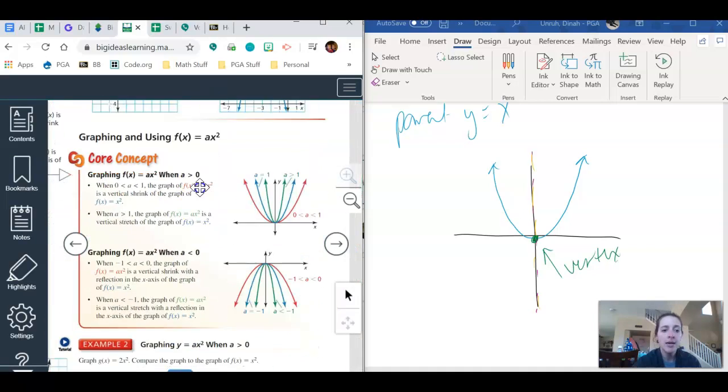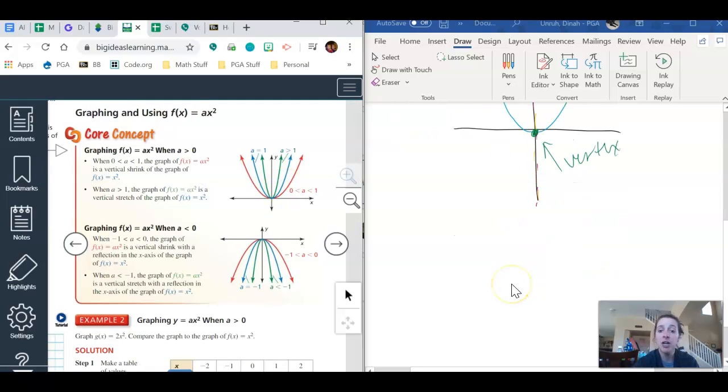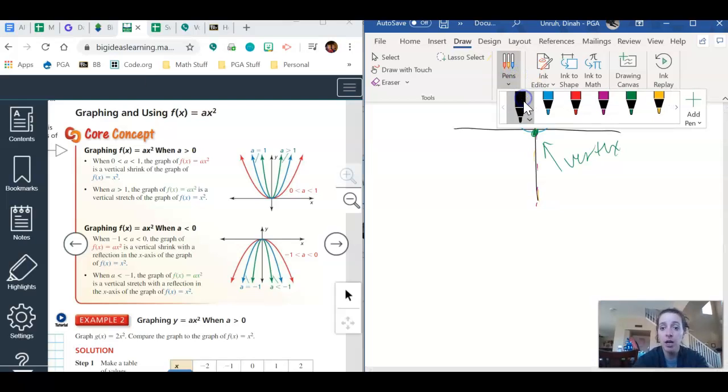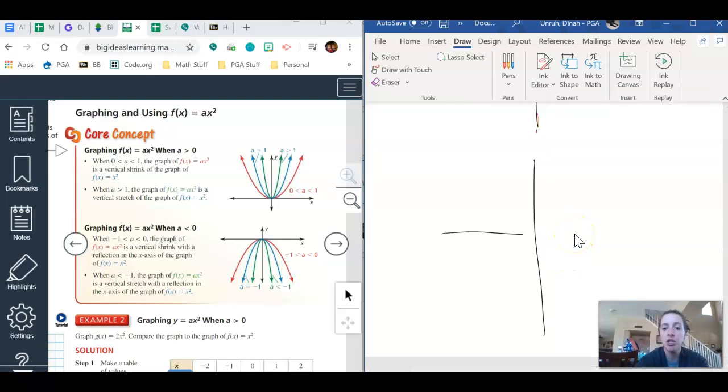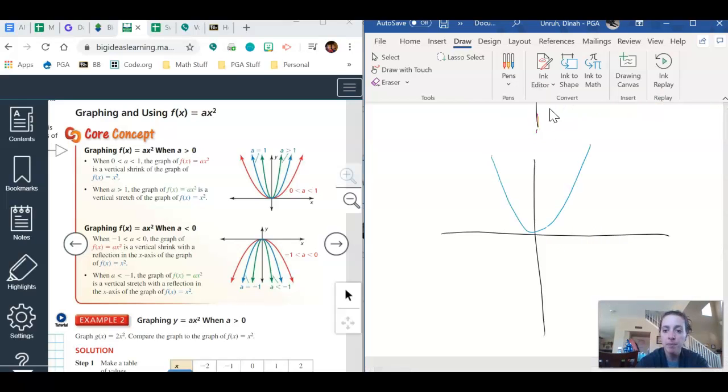Okay, here we go. Now there's something a little bit different. Now I've put an a value in there. Let me draw this again, because this is really important information. I'm going to use blue as my parent function, and I'm going to label this y equals x squared.